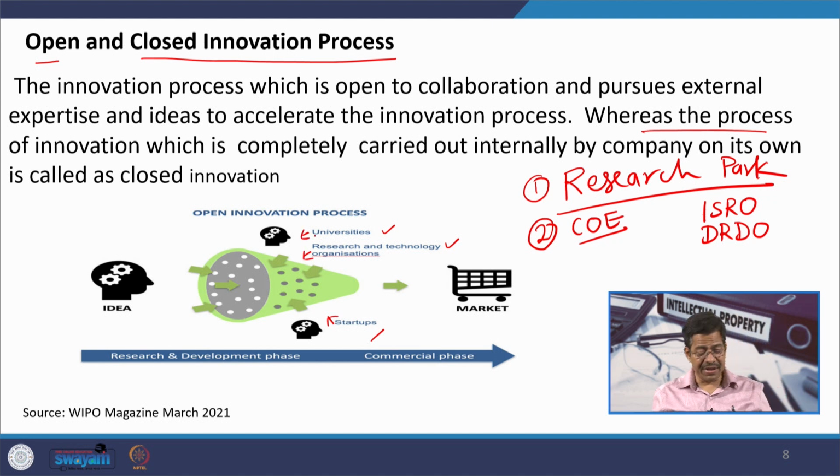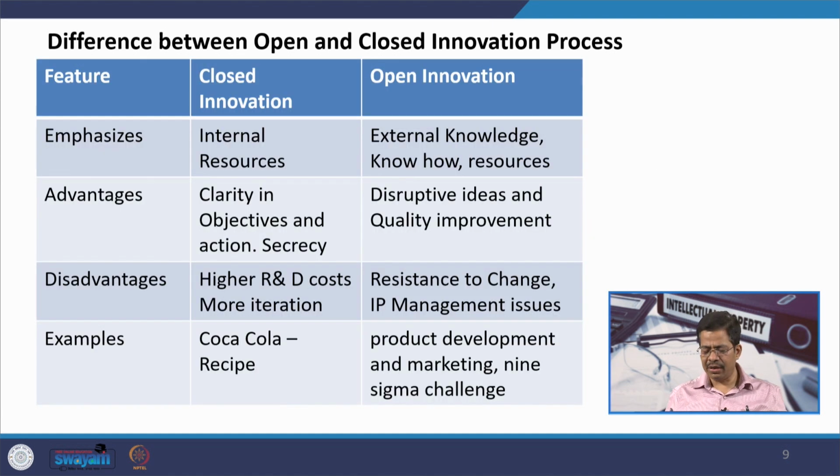Large organizations can create such platforms, enabling environments where universities, other R&D organizations and startups can come, and they may collaborate for developing new ideas, new innovations. Then it becomes important how we are going to manage IP in these open innovation systems.